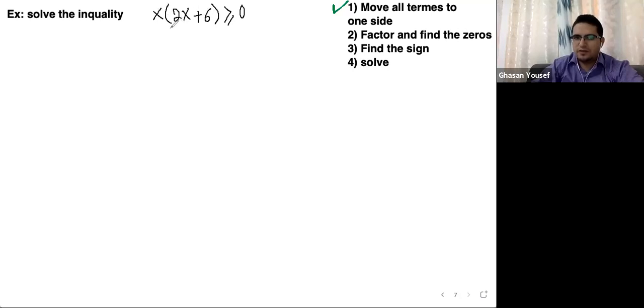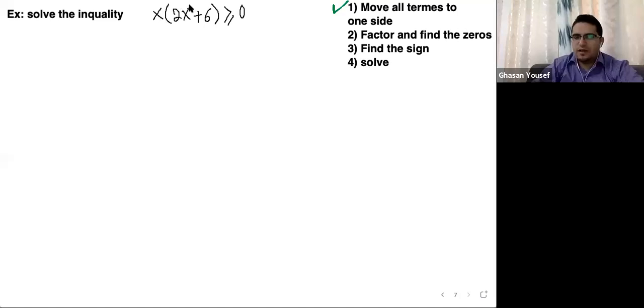It's already factored. We don't have to expand it. When you multiply the 2x by x, you expand it. We don't need to expand it. So here, it's factored already, so this step is done.